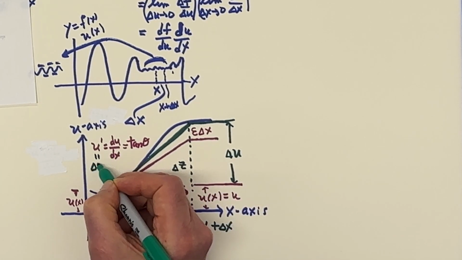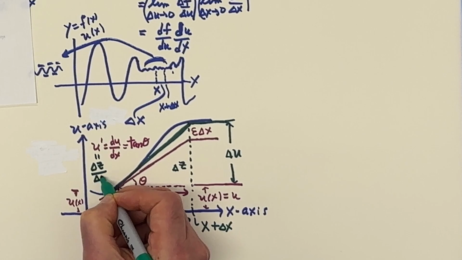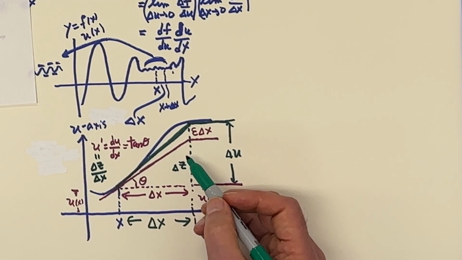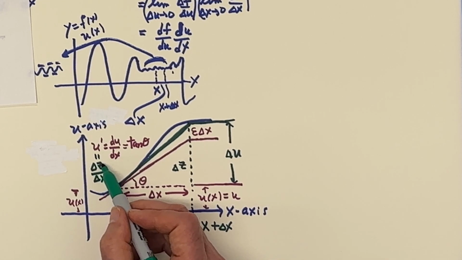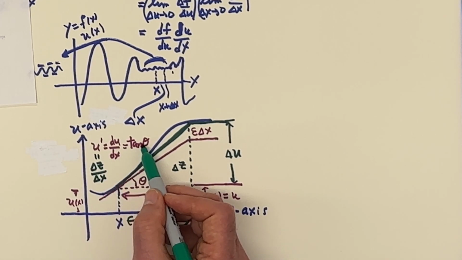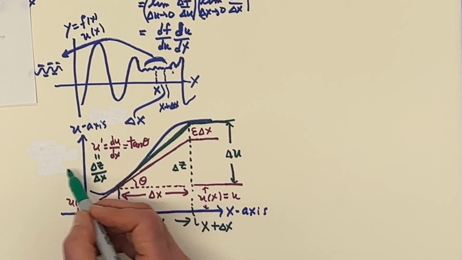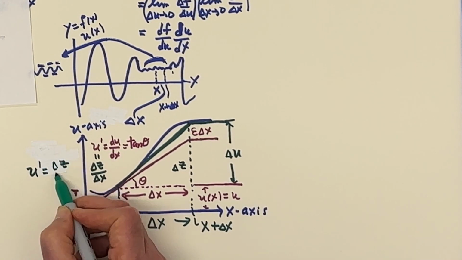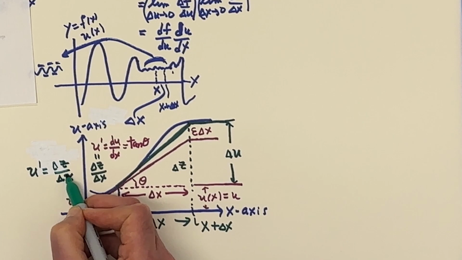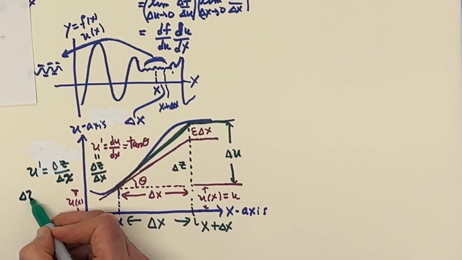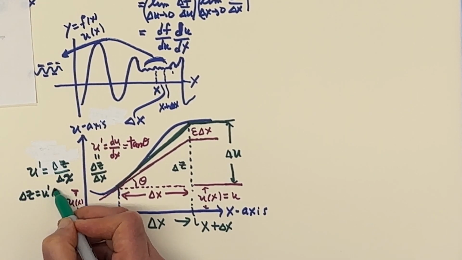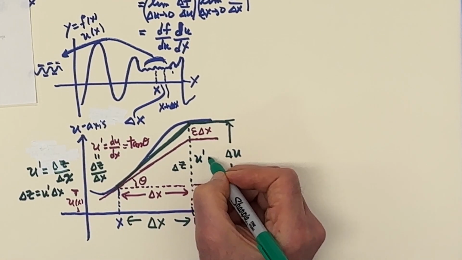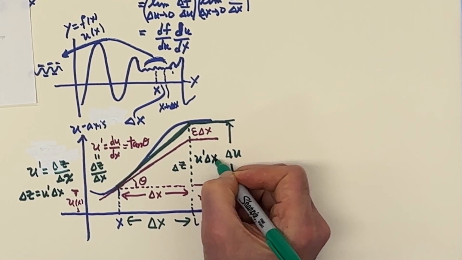So this is delta z over delta x. That is the actual slope. So that means delta z is the tangent of theta, which is u prime. In other words, let's go ahead and write this out. u prime is delta z over delta x. So delta z is u prime delta x. So this here is u prime delta x.